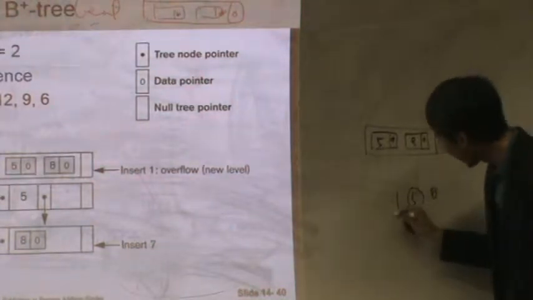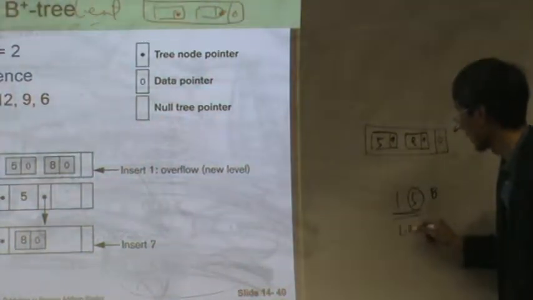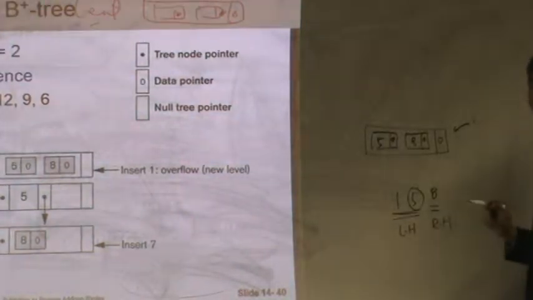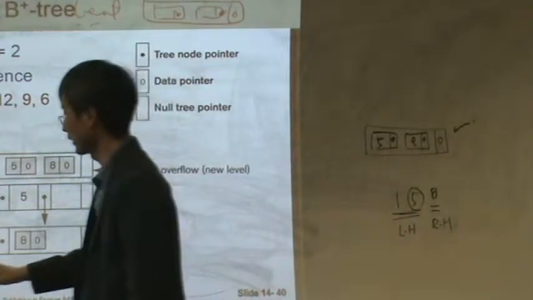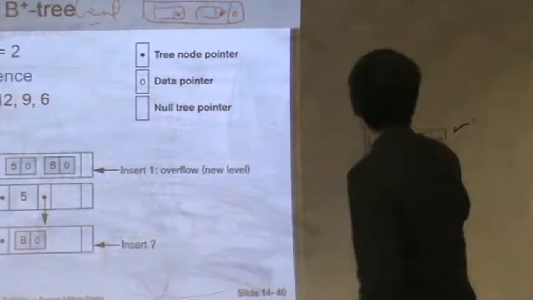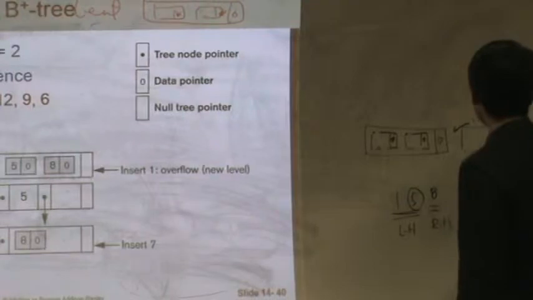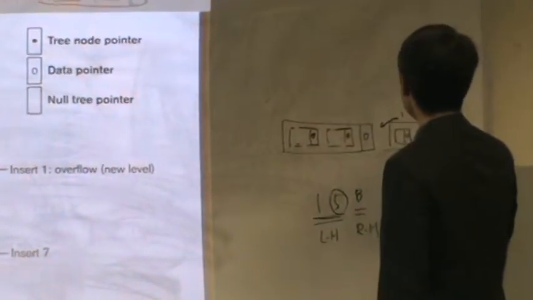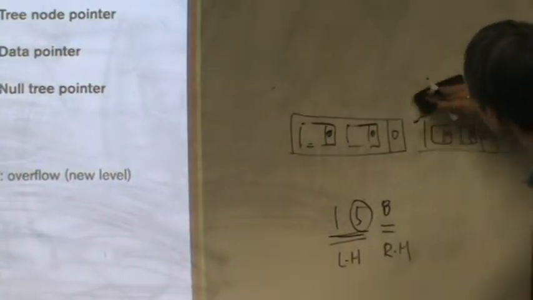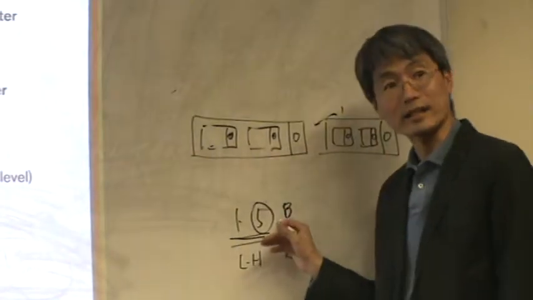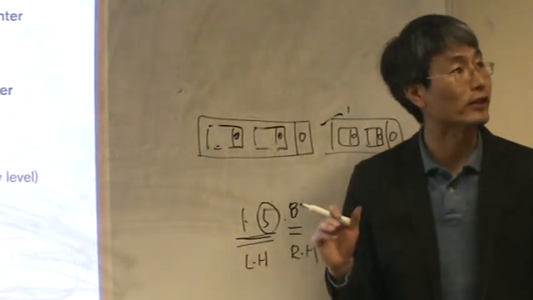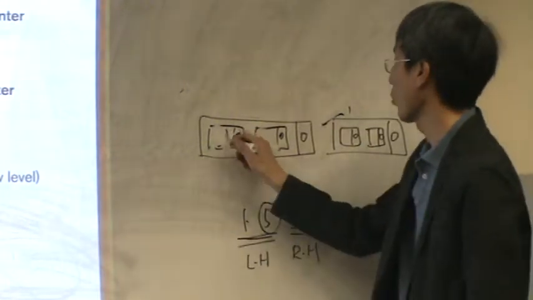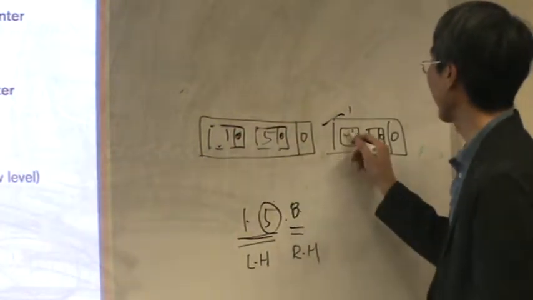Equal or less goes to the left hand side, and the others to the right hand side. Then we need to split into 2 with a sibling pointer. Okay? So equal or less, that's the difference from the B-tree index, because we need to keep all the index key values in the leaf node. So 1, 5, then 8.